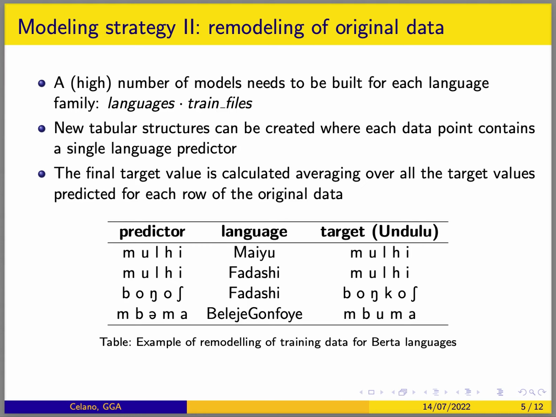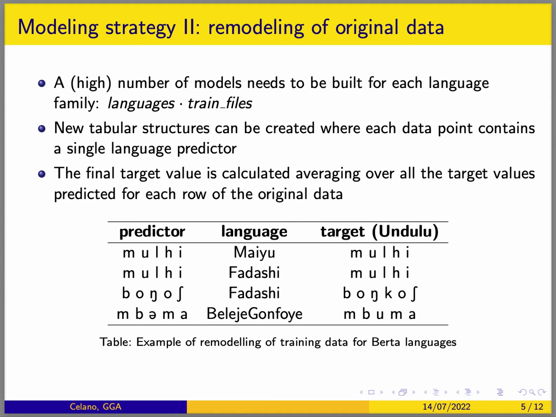In order to tackle the issue of sparsity, I propose to remodel the original tabular structure into a new one where each data point corresponds to a single predictor cognate reflex plus its language label.